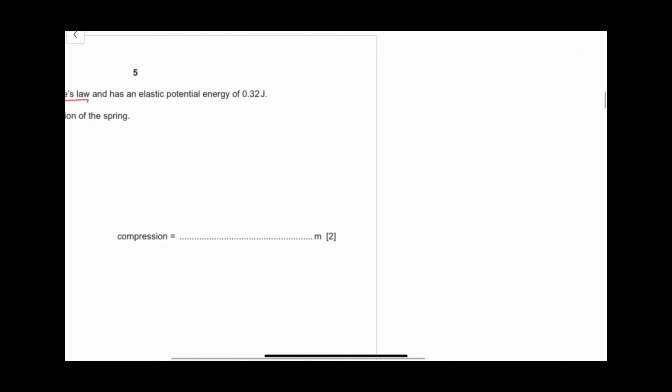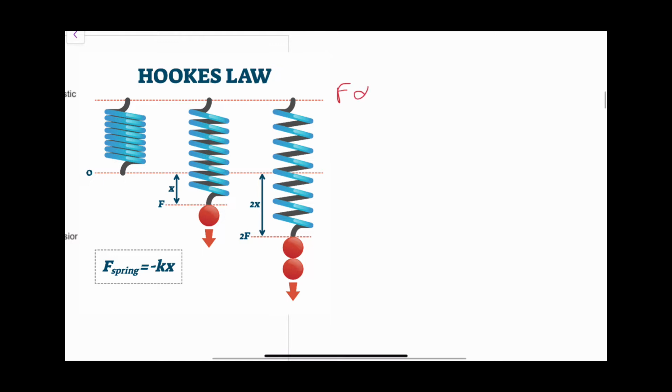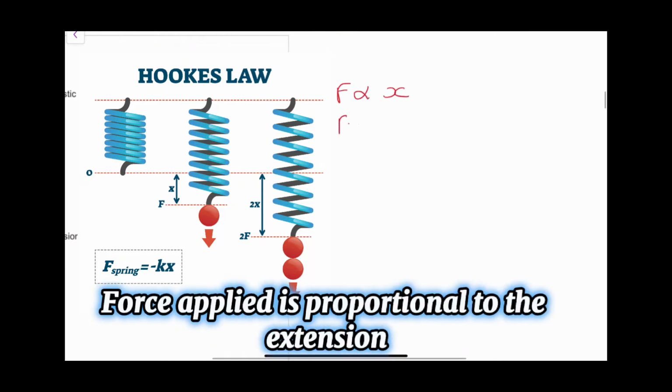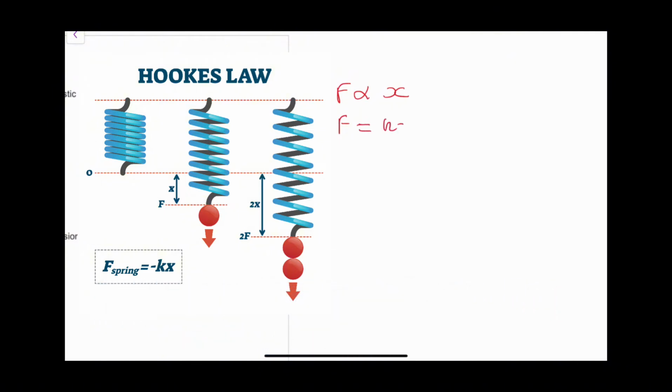The spring obeys Hooke's law and has an elastic potential energy of 0.32. Calculate the compression of the spring. What is Hooke's law? Hooke's law says that the force applied is directly proportional to the extension, provided that the elastic limit is not exceeded, meaning that F is equivalent to kx.